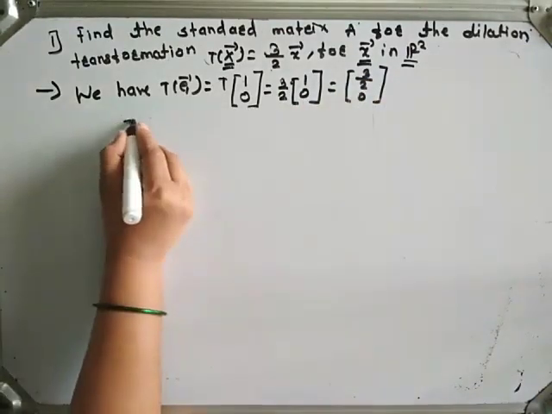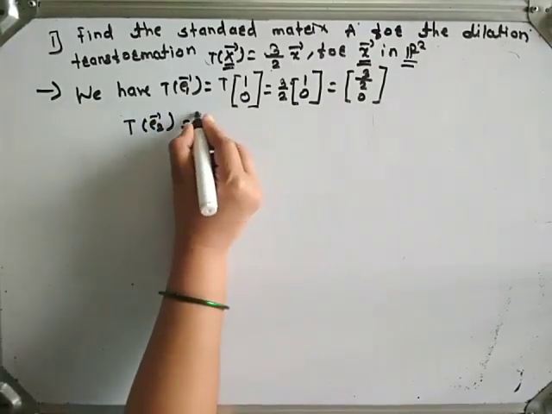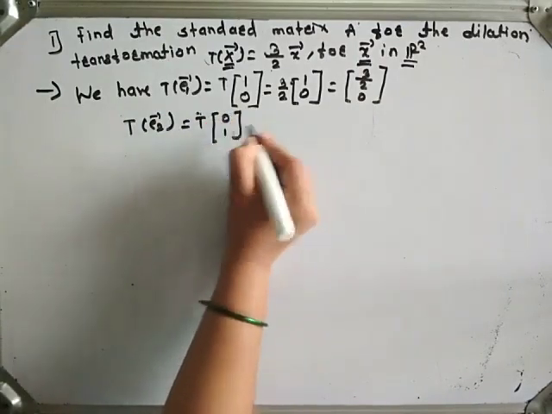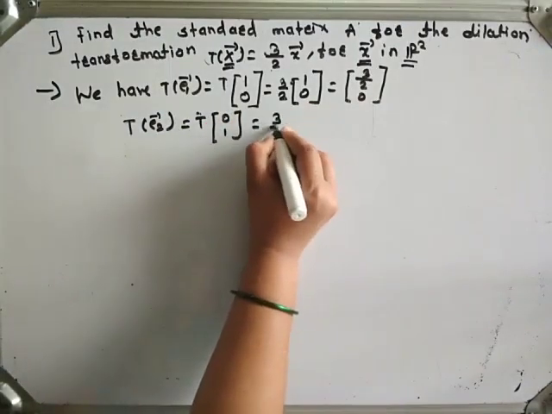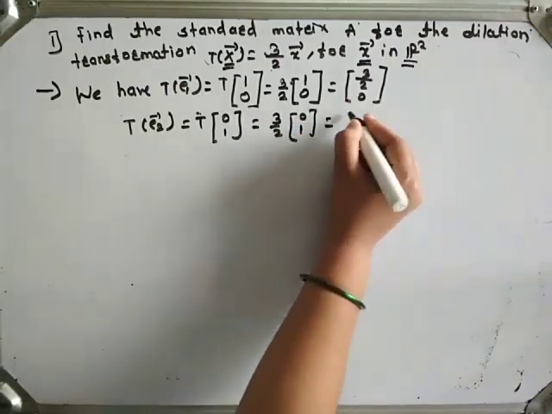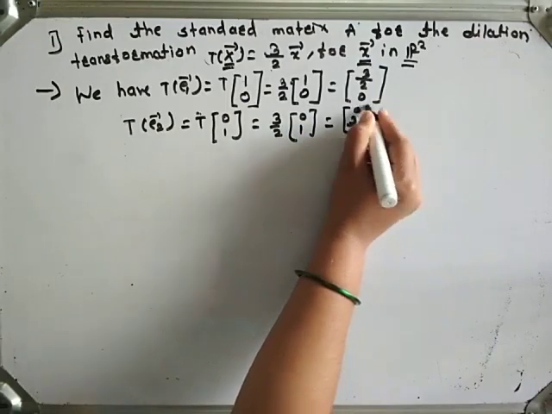Okay. T of E2 bar is equal to T of 0 1, which is equal to 3 by 2 into 0 1, which is equal to 0 3 by 2.